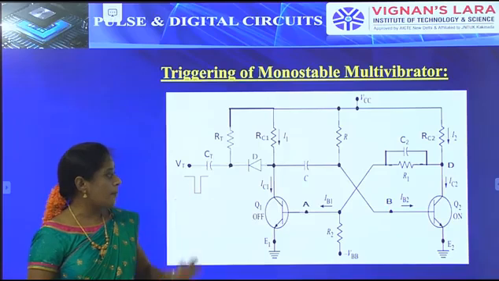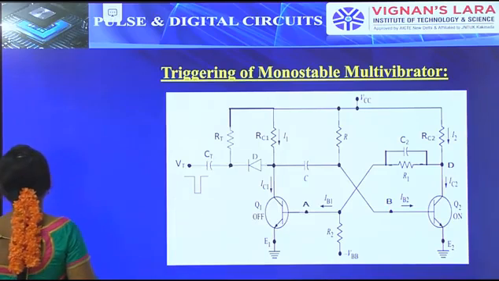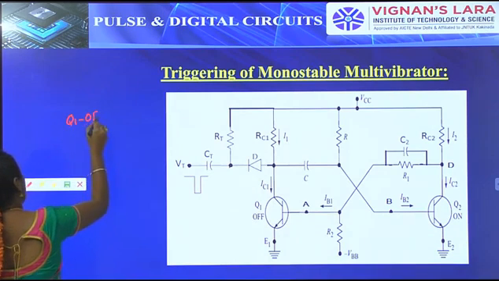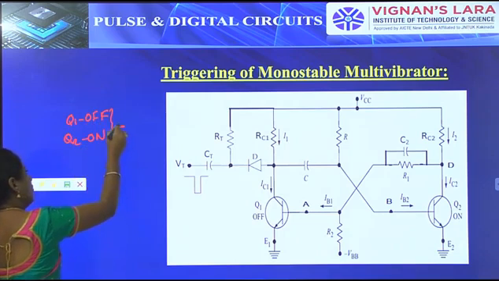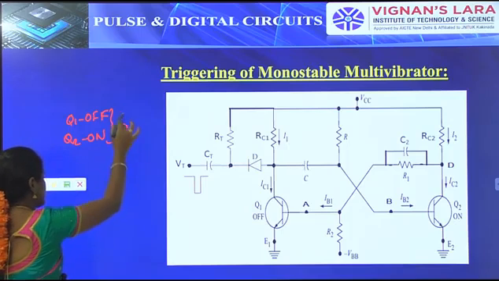So just check the operation of this condition. Initially we have assumed that transistor Q1 is in off condition and Q2 is in on condition, which is the stable state.